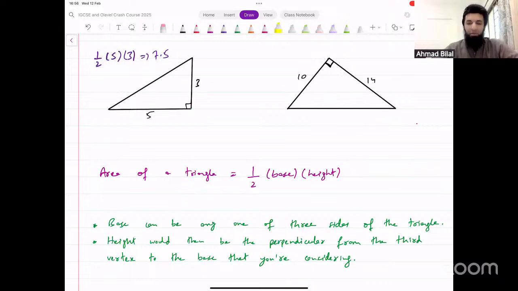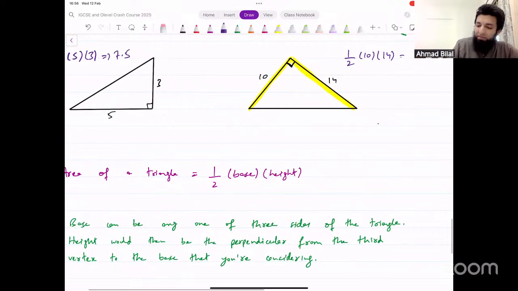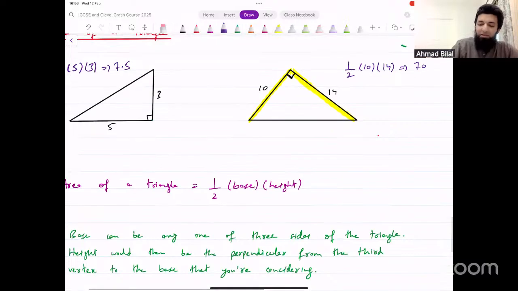So remember, base can be any of the three sides. So I can take this side as the base. If this is the base, then height is going to be perpendicular to it, so this side is going to be the height. That becomes 1 over 2 times 10 times 14, and that gives me 70 as the result. That's the area of this triangle.